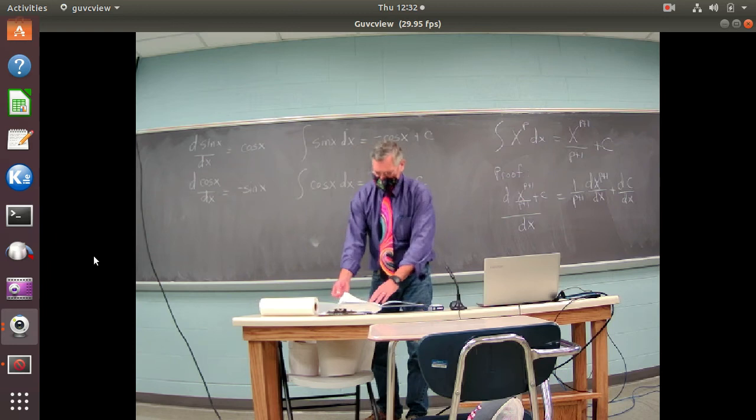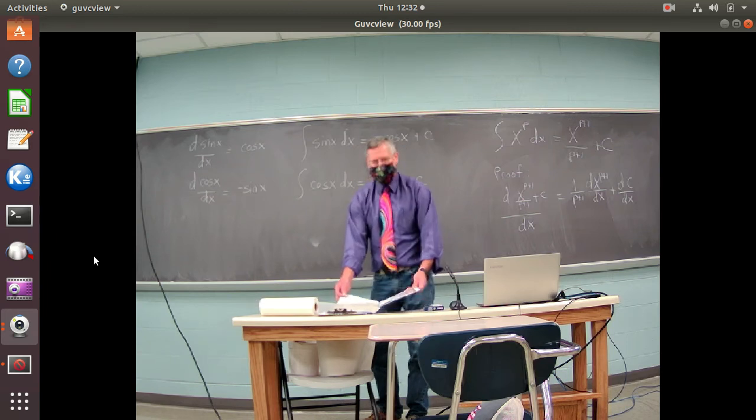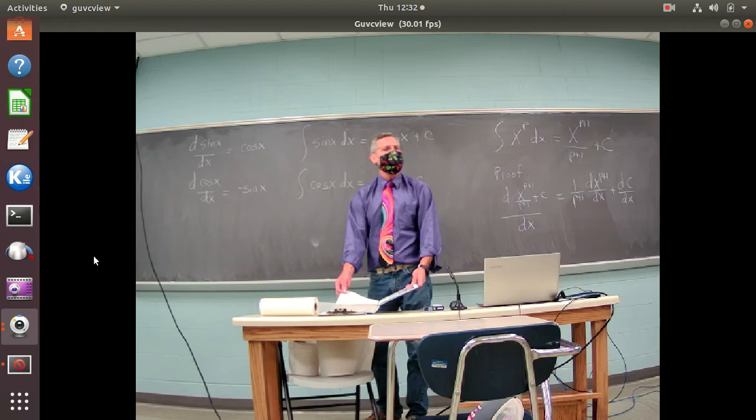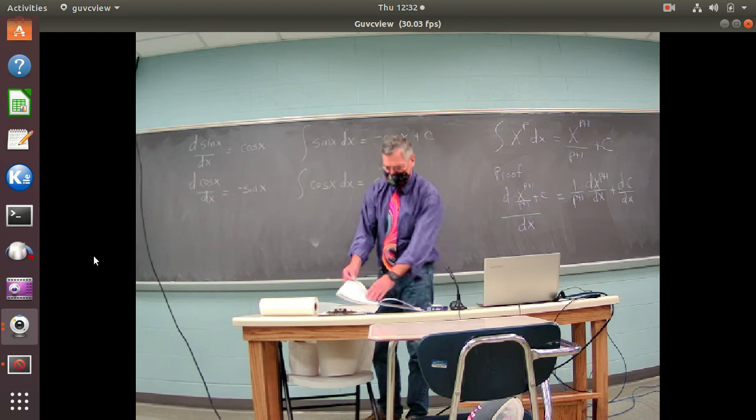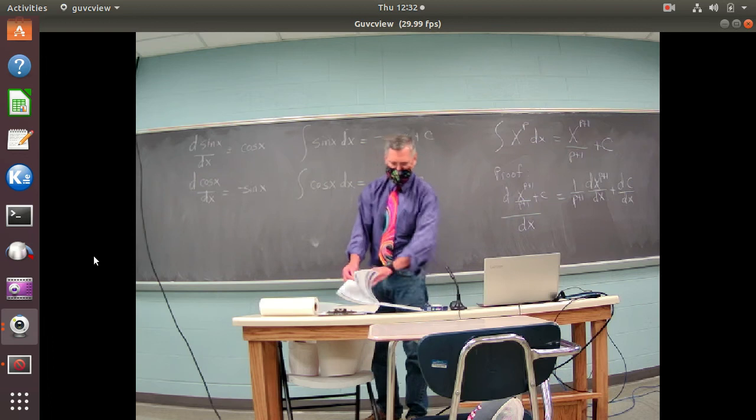There's an insert on the first page, so if you don't have a used textbook that somebody ripped it out of, you also have a bunch of differentiation rules and basic integration formulas on the first couple pages.